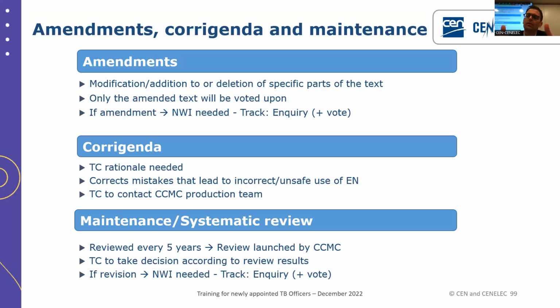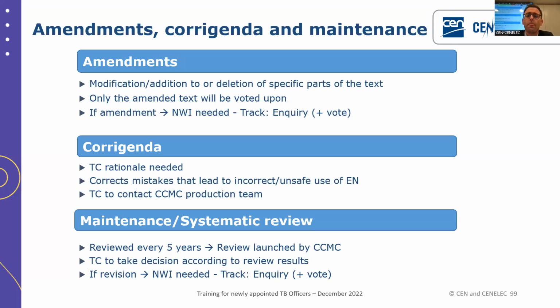So the systematic review consultation is not a decision as such. There is always the need to follow up the systematic review results with a decision. I've seen cases where the systematic review decided to revise the standard, and then in the plenary meeting, after a discussion, there was the conclusion rather to take a decision to confirm the standard.